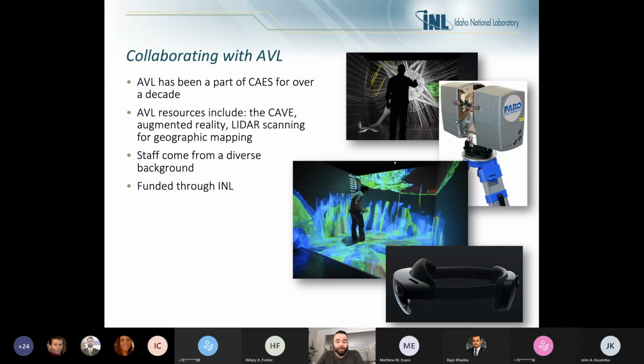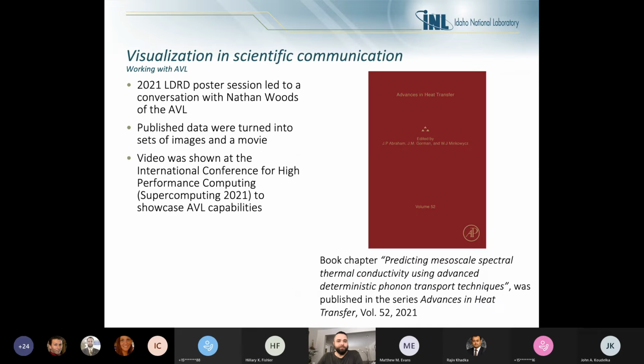A lot of people learn these visualization tools because they're interested in a problem, they want to figure out a way to communicate it effectively, and there's a lot of work that goes on in the back end to learn these codes and to learn how to use them well, and that just happens to be a notch in your hat, if you will, of duties you can perform at a lab or at a job. And then of course they're funded through INL.